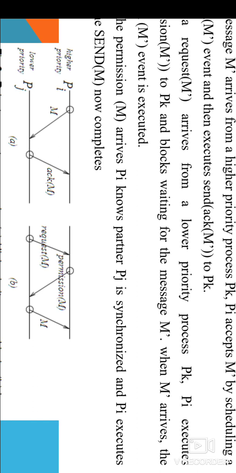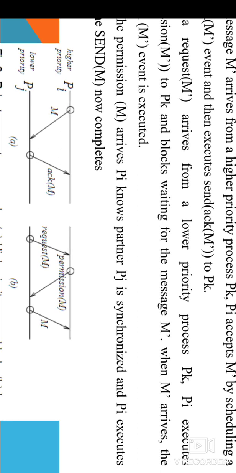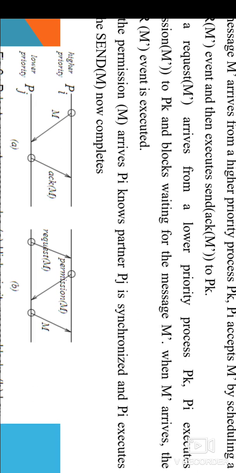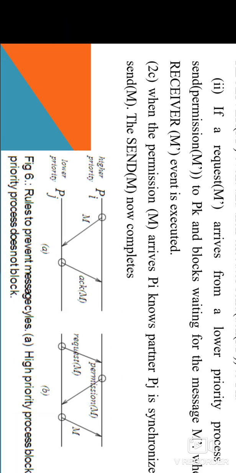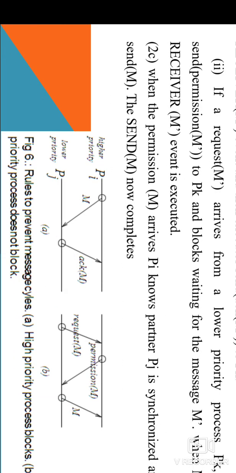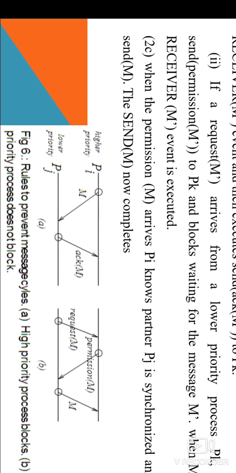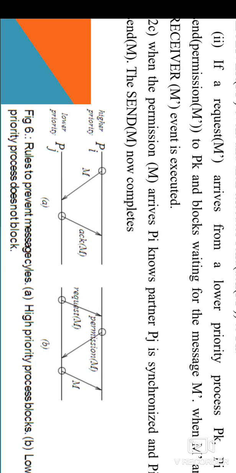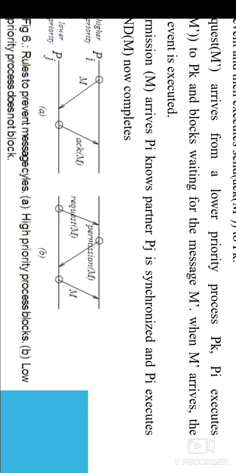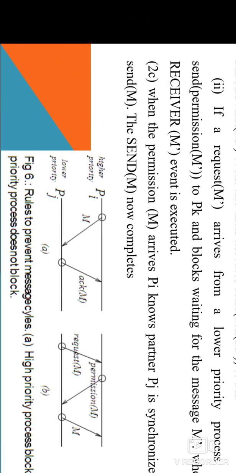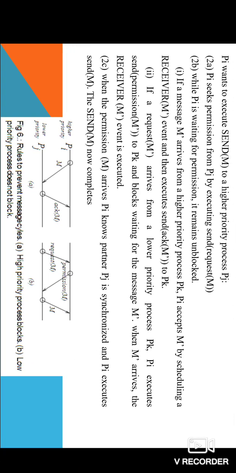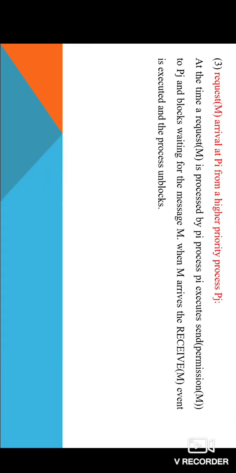So Pi is blocked, waiting for the message M. When the message M arrives, it immediately executes the receive of M. When the permission of M arrives, Pi knows the partner Pj is synchronized and it executes send of M. Only when sender and receiver handshake with each other does the communication take place.